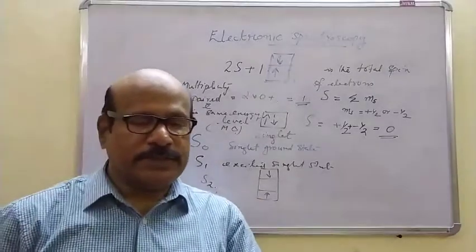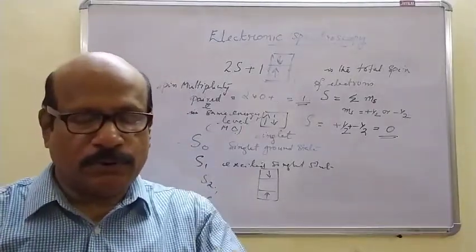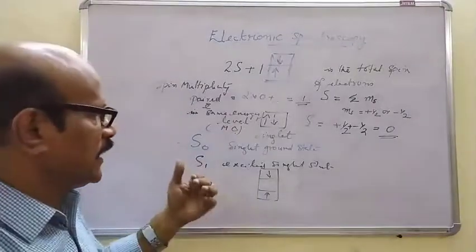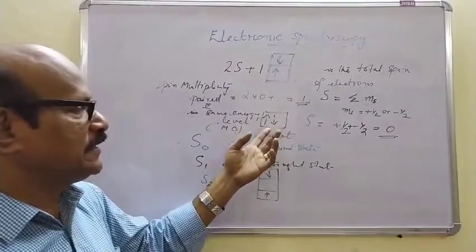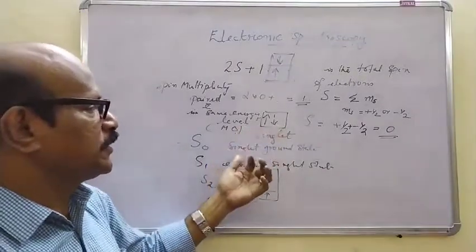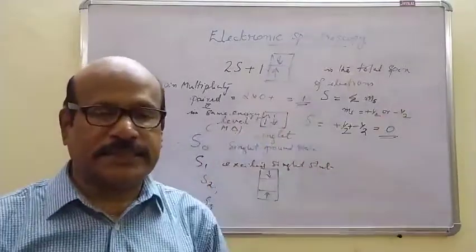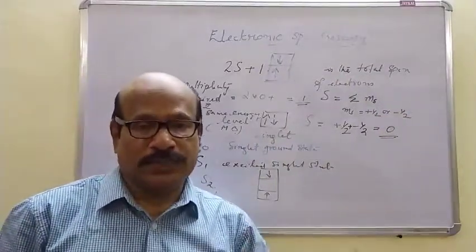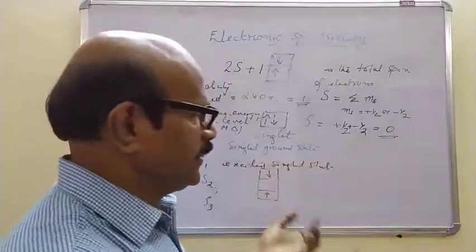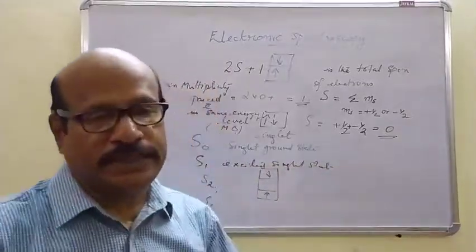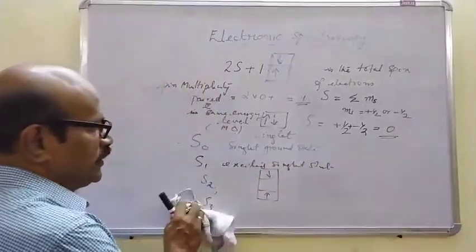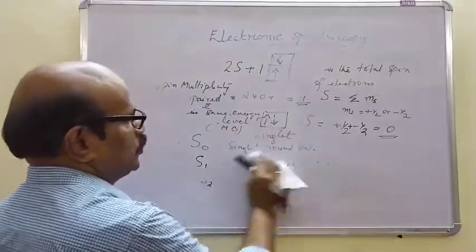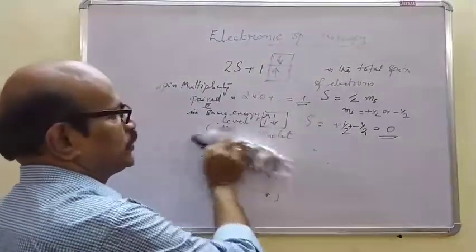So the singlet state may be of two types. One is the ground state. Usually the molecule exists in the paired spin state in the same molecular orbital, that is the ground state. All other singlet states are excited states, S1, S2, S3, etc., which can be attained by suitable excitation by UV and visible absorption of light. A suitable frequency of UV and visible light is radiated to the molecular system.